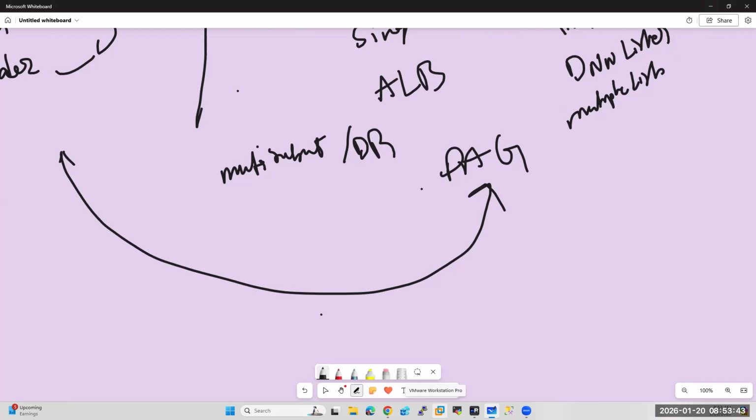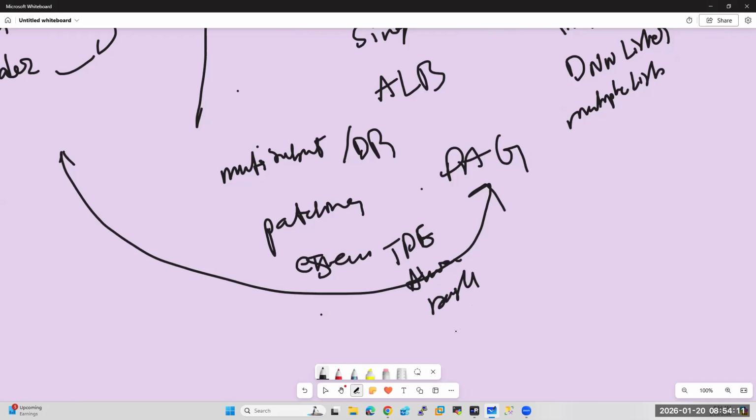Again, on top of this, we are going to discuss patching. We will discuss the complete patching here, and we are discussing encryption and security: TDE, Always Encrypted, data masking, and column level encryption.